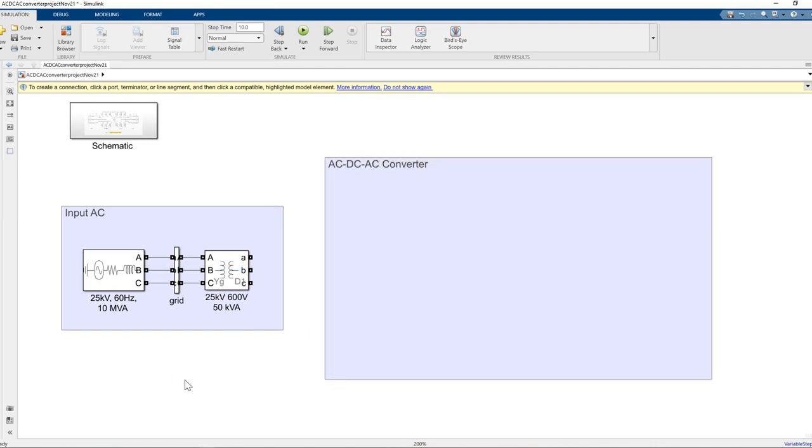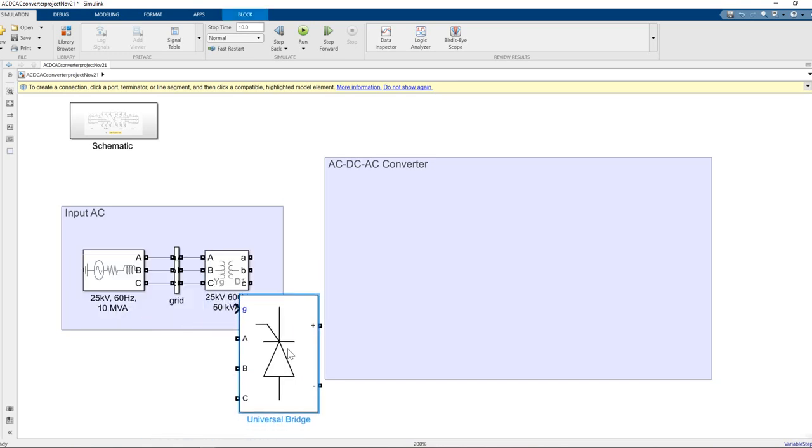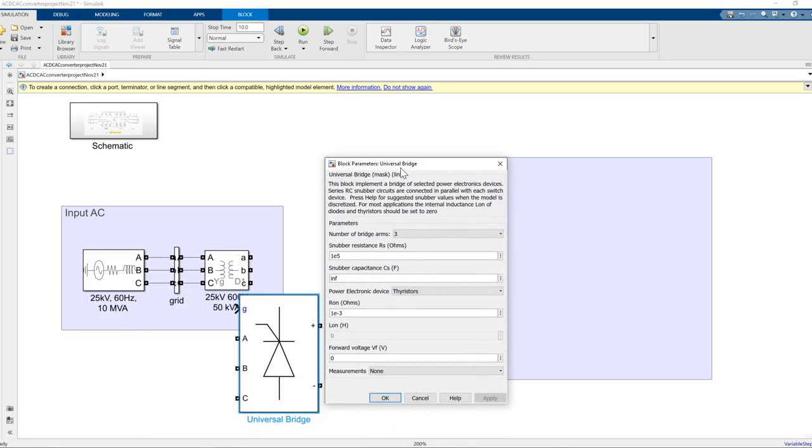First one we can create the universal bridge by clicking here and choose the number of arms, 3, for example. This one is 0.1, and this one you choose the diode. This one for voltage you can choose 0, and then measurement is device current block.